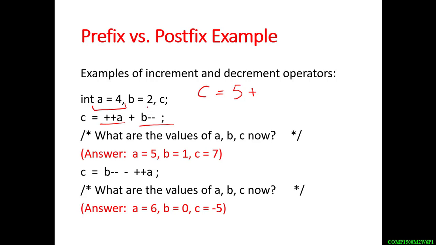So b will equal to 2. So in this case, c will equal to 7. Okay, so in this case, c will equal to 7, a will equal to 5, and b will equal to 1.